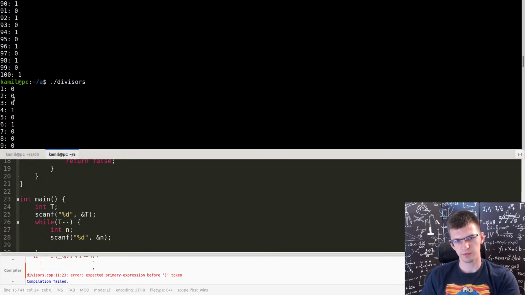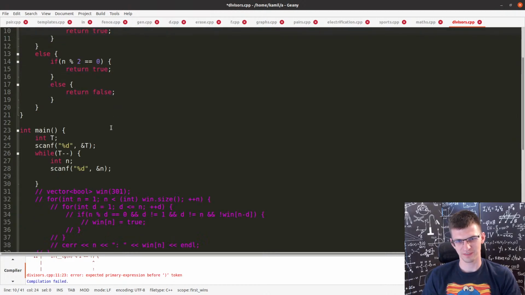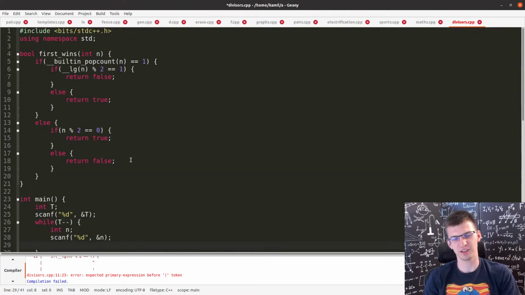Now what's the logarithm of 2? The logarithm of 2 is 1, and I should have the same verdict as for odds. Yes. I'm doing very poorly here with implementation.